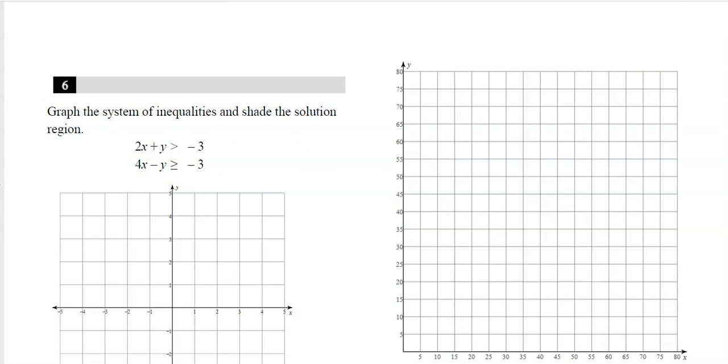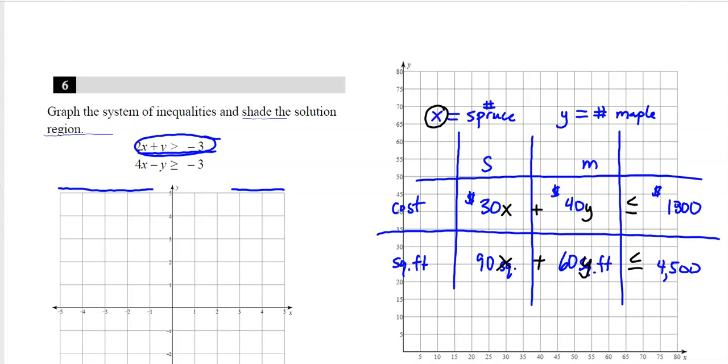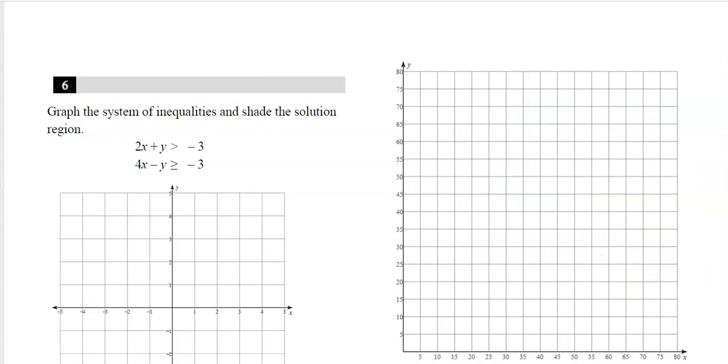And I'm going to put them on the graph too. So here we go. So the first one was 30x plus 40y less than or equal to 1,800. And then my second equation was 90x plus 60y is less than or equal to 4,500.